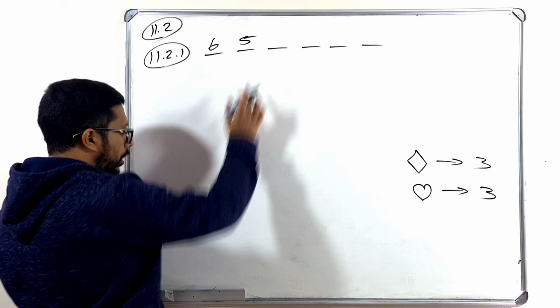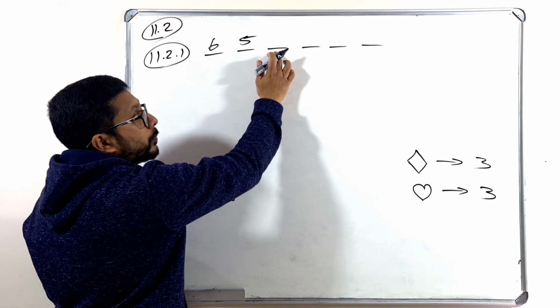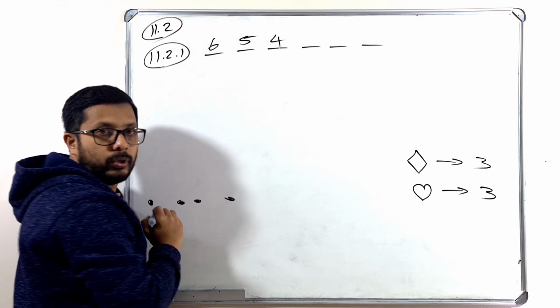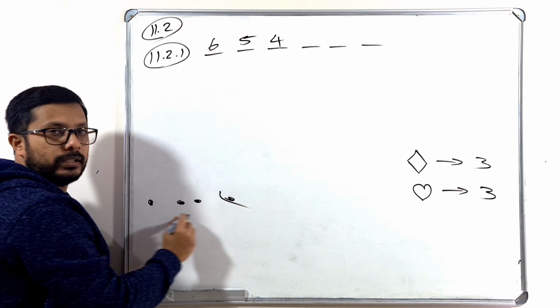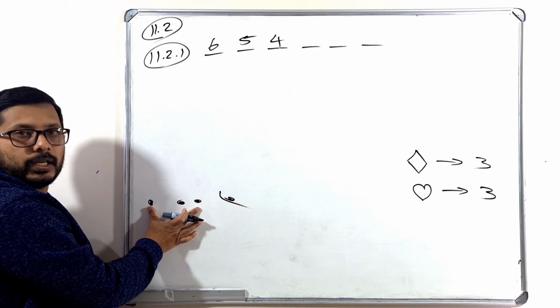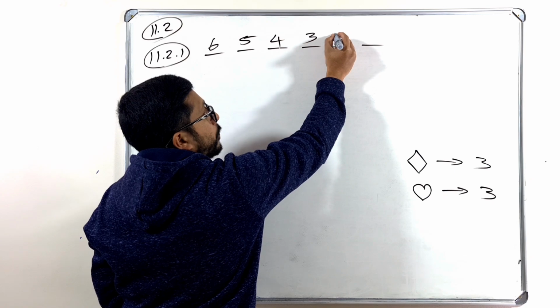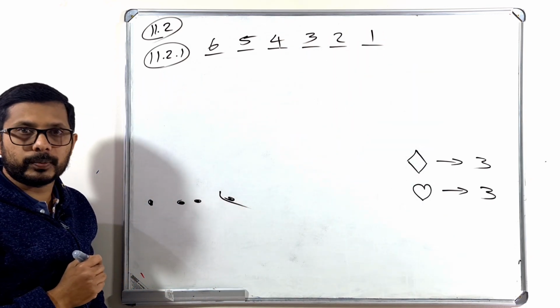Now how many options do I have? Only 4 options. Take one card; remaining how many cards? 3. So for this position I have only 3 options, this position only 2 options, this position only 1 option.